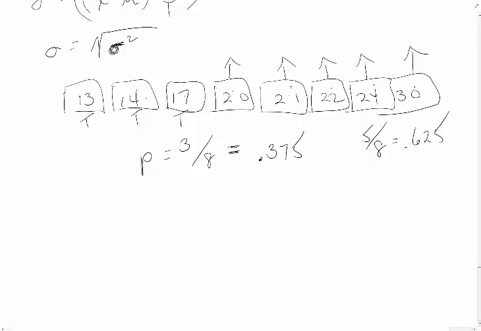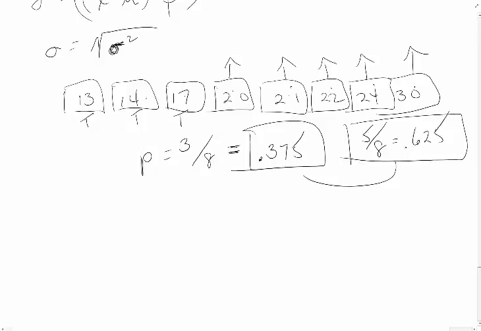So that makes sense, right? 0.375 are teenagers, and 0.625 are not teenagers. They're 20 plus. So the total of these two, teenagers and not teenagers, is 1.00, obviously. Good.